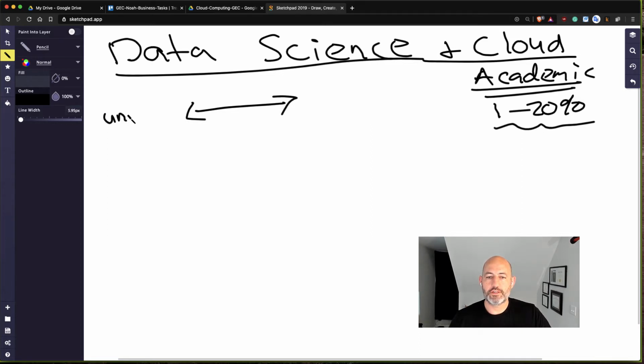Here's the university system, and then also the real world. I think it's getting fixed, and that's a lot of the stuff that I teach.